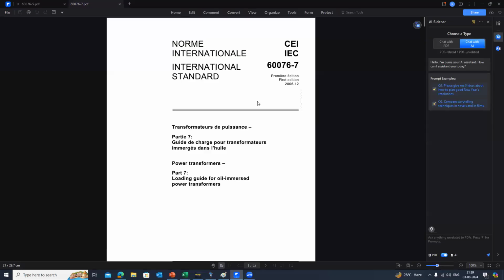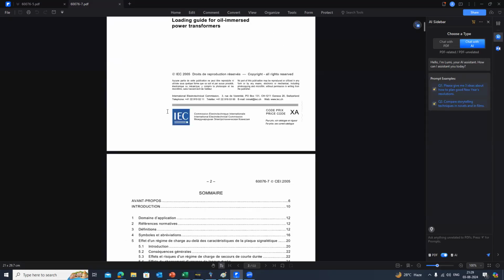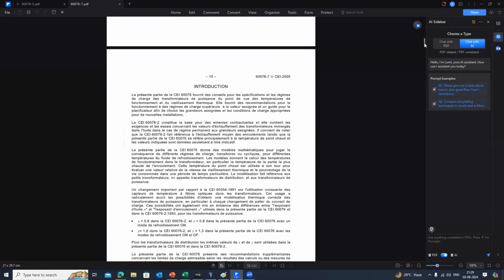Yeah, this is 60076 part 7. In this, basically, how the transformer can be overloaded.